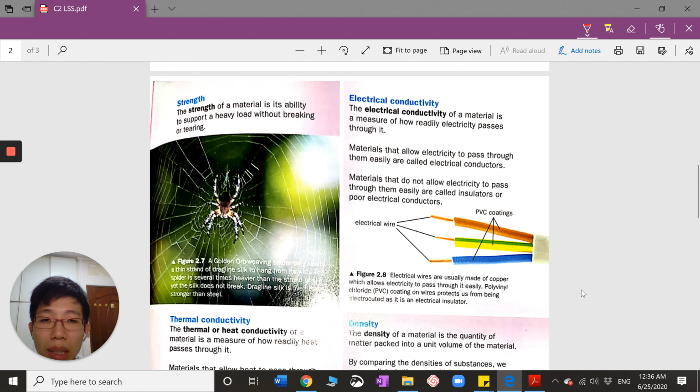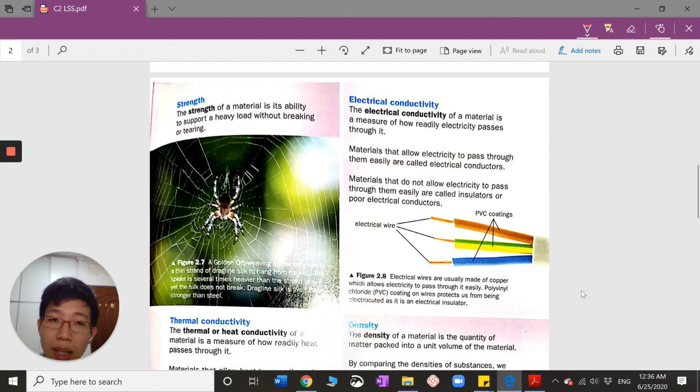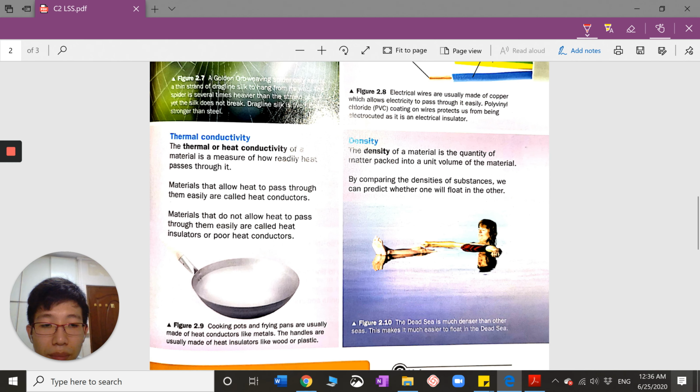Normally materials that conduct electricity will be your electrical conductor, for example your metal. And the word thermal over here just means heat.